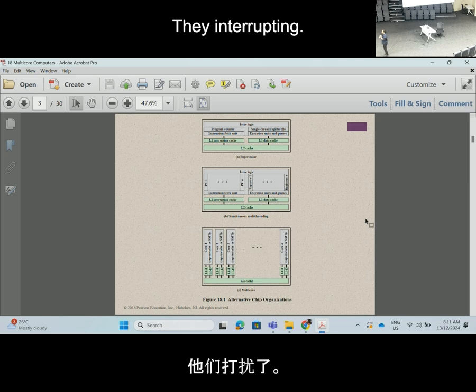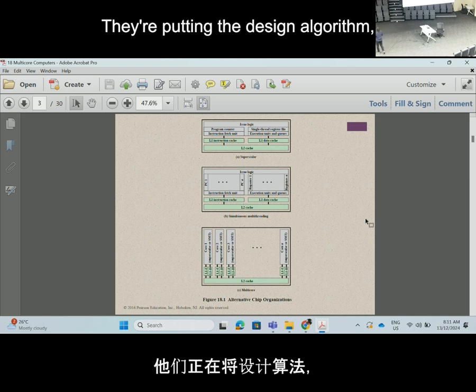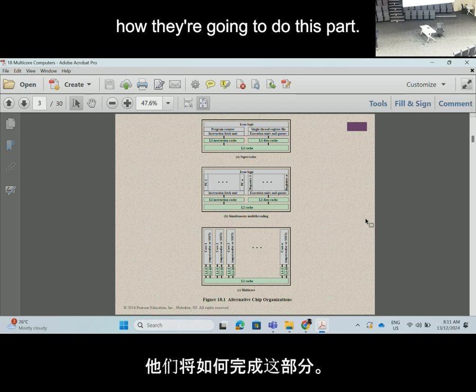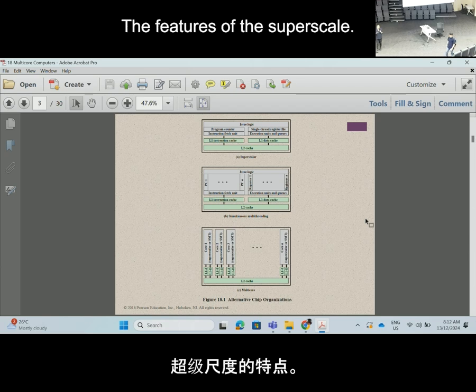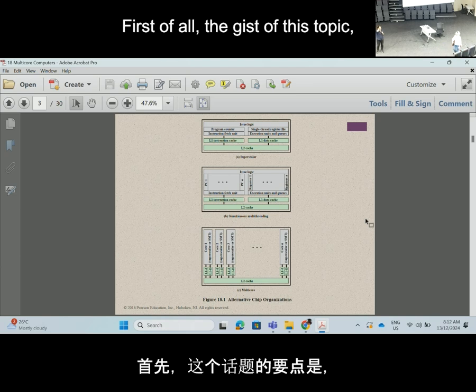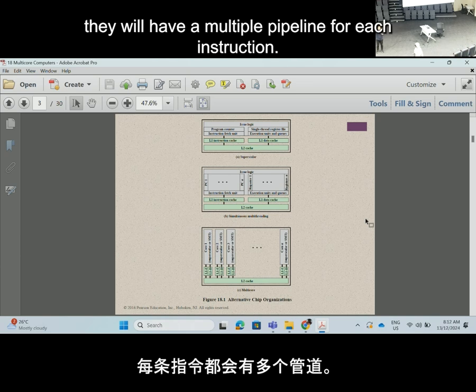They embed the design algorithm for how they are going to do this. The features of the superscalar, first of all, the gist of this topic: they have multiple pipelines for each instruction.